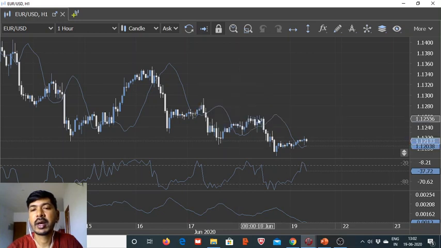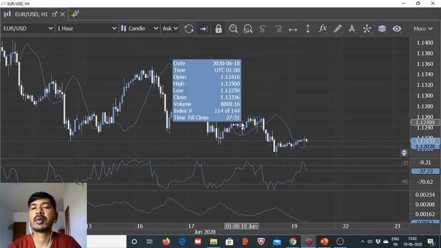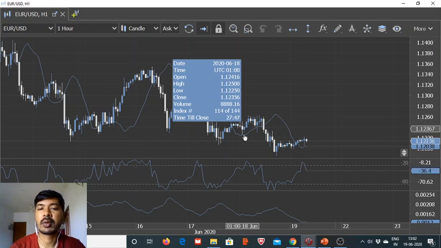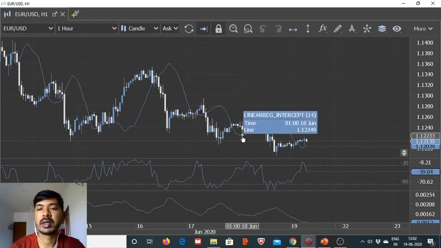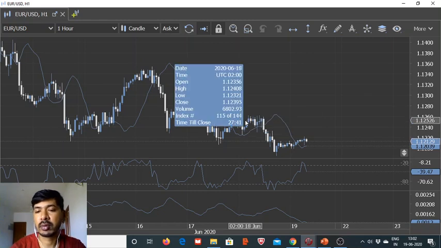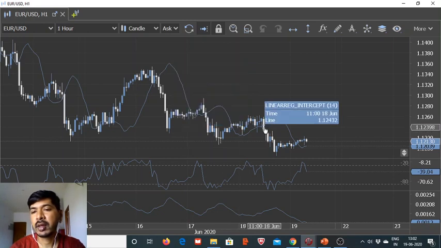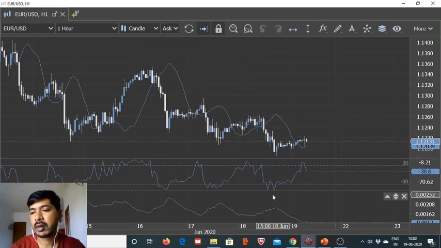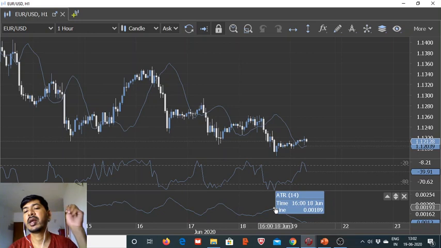And also we are going back 10 hours in time, and we are making sure that the hourly close 10 hours back was above the linear regression intercept of that point in time. So we are taking into account this situation as well. And here we will also consider the ATR for our entry and the exit purpose.